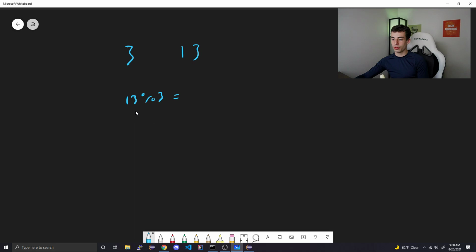So the answer is always going to be smaller than this. In fact, the biggest it can be is n over 2 minus 1, right? It can't be n over 2. I guess it can be floor of n over 2. This is the biggest it could possibly be, where n is the second number.